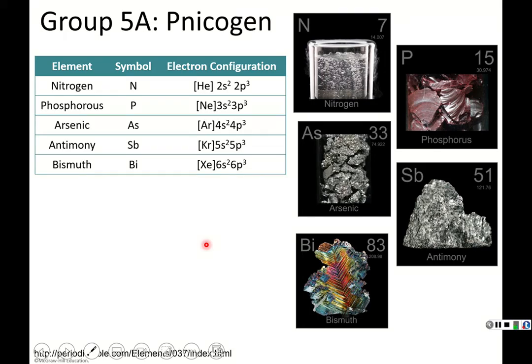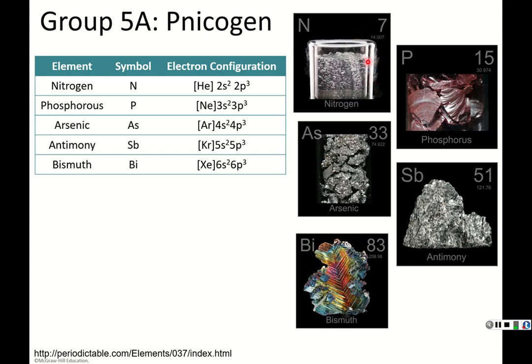Here are the elements, and it's a little bit odd because they chose to show nitrogen as a liquid here, liquid nitrogen. But really, at room temperature, its elemental form is N2 gas, a diatomic gas, and it's one of the major components of our atmosphere.